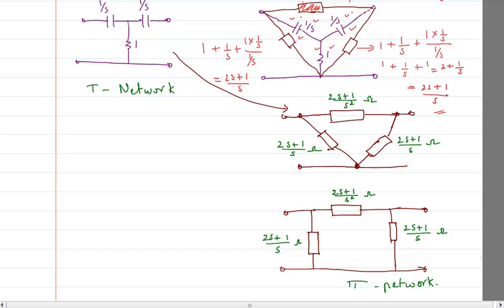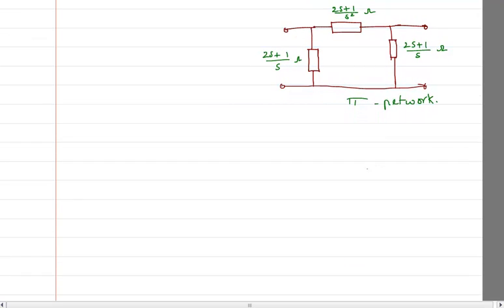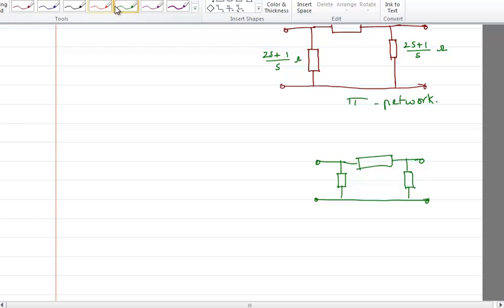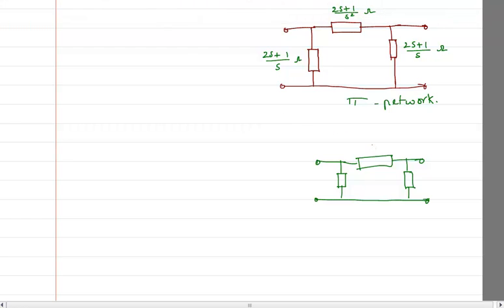When we convert from a T to a pi network, we all know a shortcut. Now very carefully look, because people make mistakes here sometimes. Suppose the values given here are y1, y2, and y3.